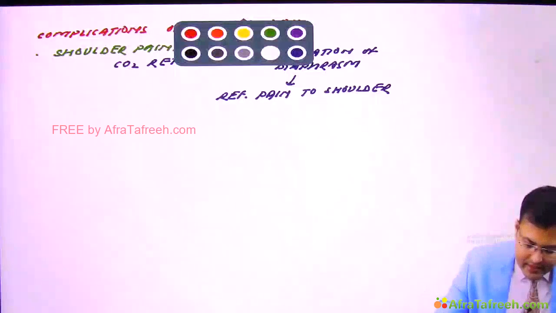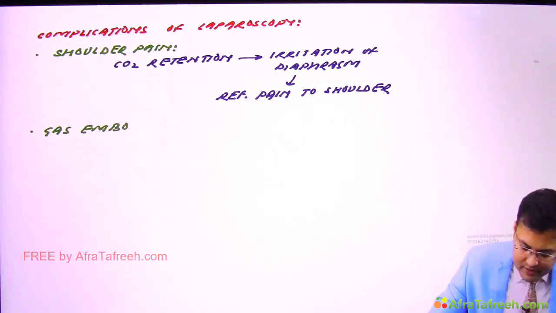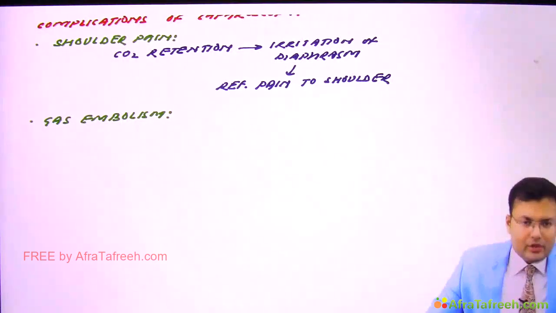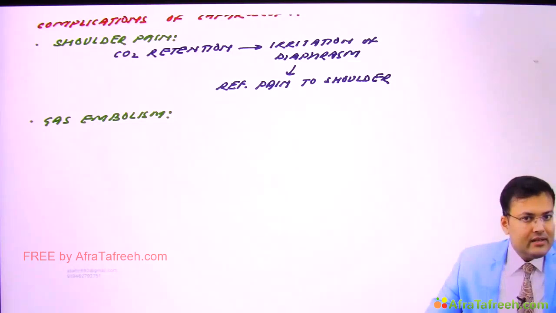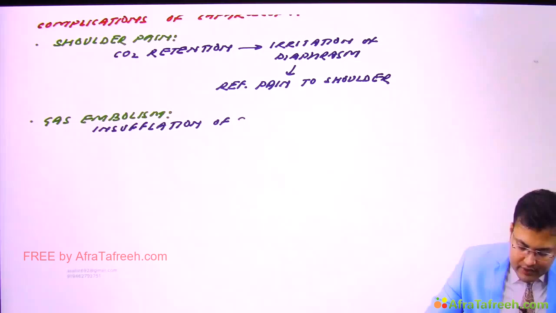Second, there is gas embolism. During induction of pneumoperitoneum, when the Veress needle enters into a vein, what happens? There is insufflation of gas into an open vein, and this leads to gas embolism.